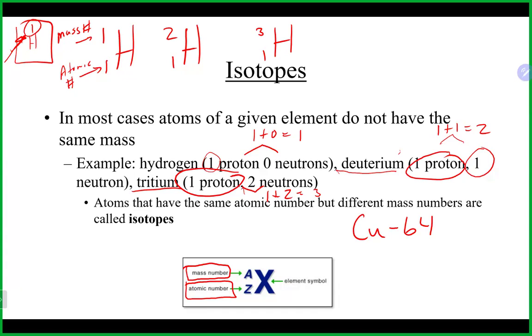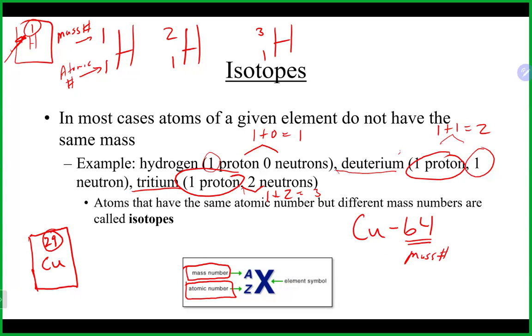If you're not sure if that's the atomic number or the mass number, you could go to the periodic table and find copper. And we see that copper has the lucky number 29 up on top, which means 29 is its atomic number. So that means that this number here is not the atomic number, because that clearly is not 29. This is the mass number.